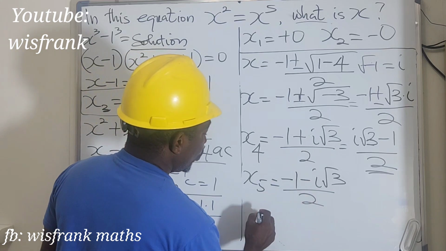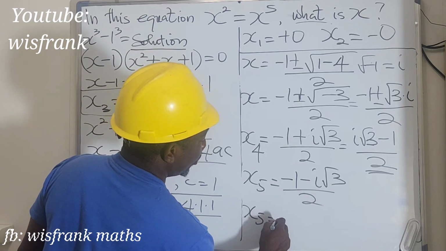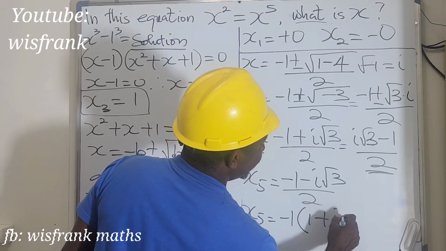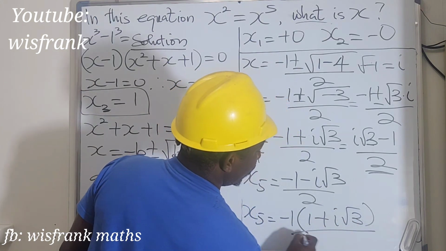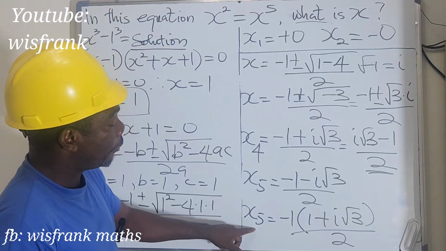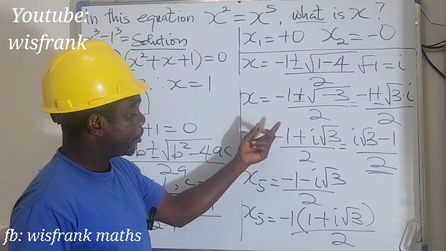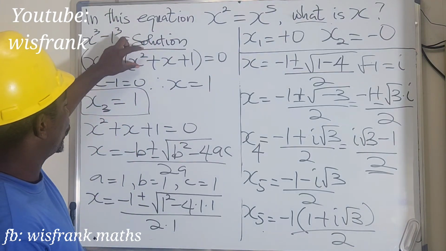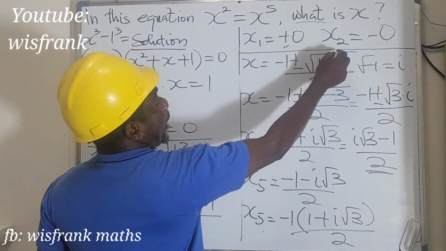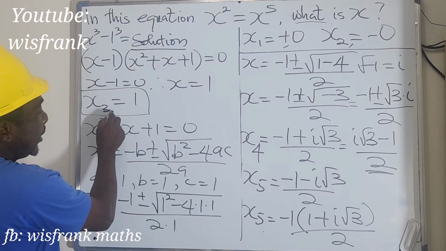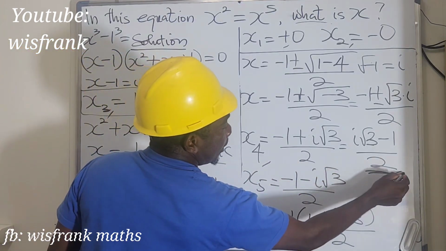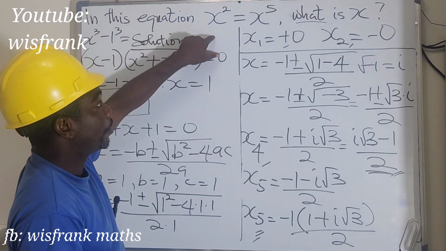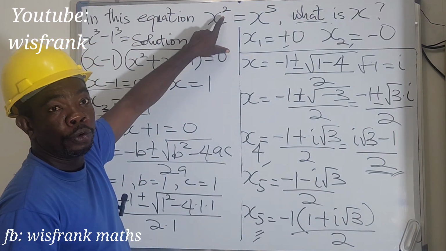So now x5 equals minus 1 into 1 plus iota root 3 all over 2. So this is the value of x5. So we have the 5 values of x that satisfy this equation. The x1 is this, the x2 is this, our x3 is this, our x4 is this, and our x5 is this. And all of them satisfy this expression that x to the power of 2 equals x to the power of 5.